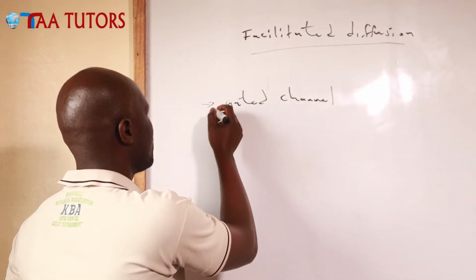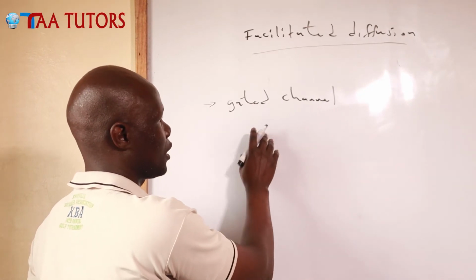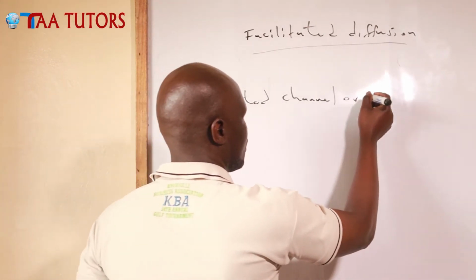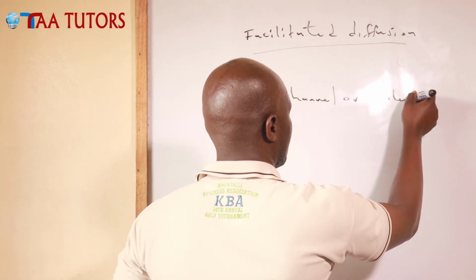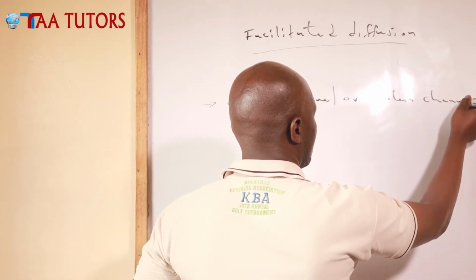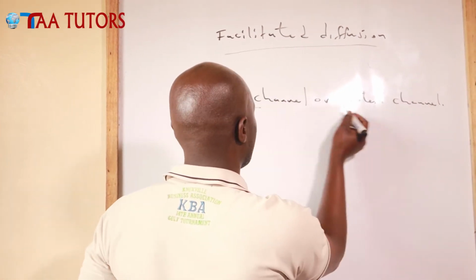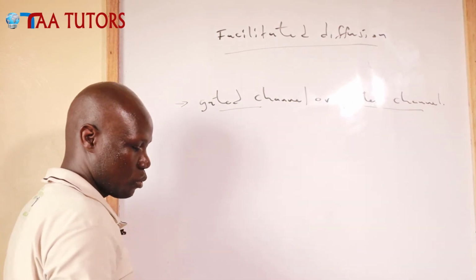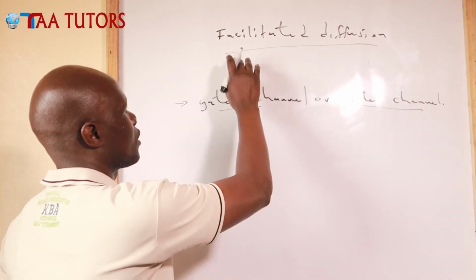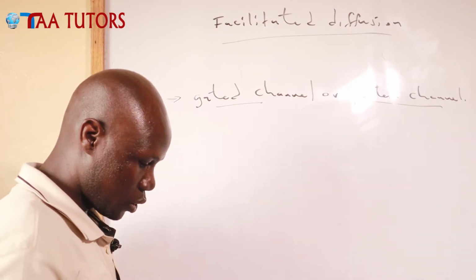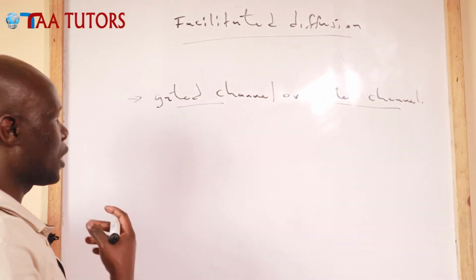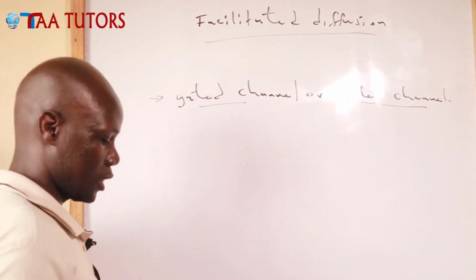So this gate will be opening for the specific molecules so that they can get in. We also call them protein channels, like we studied in the cell. So this wording is very important to us when we are referring to facilitated diffusion. So how do these molecules move through these channels?